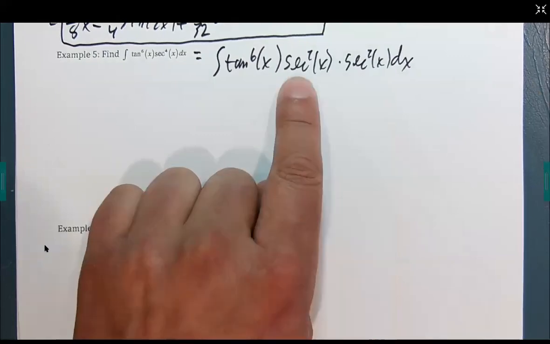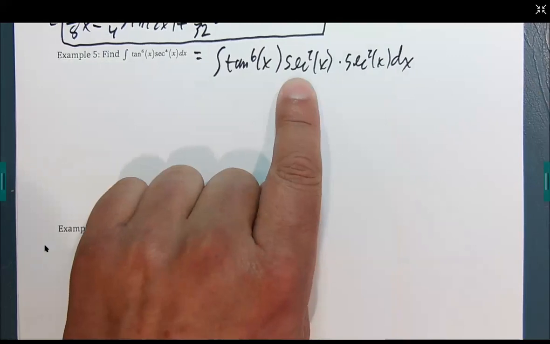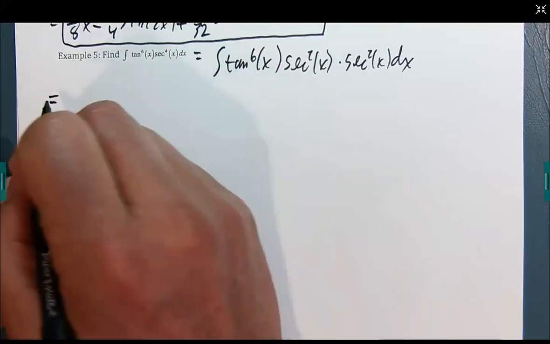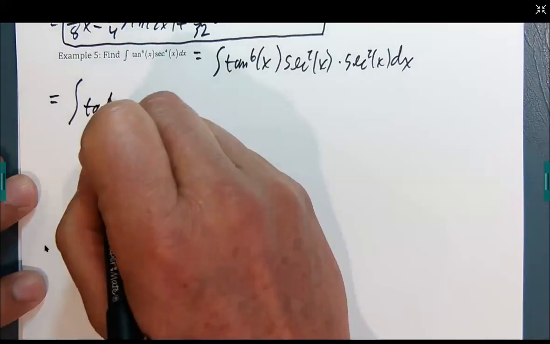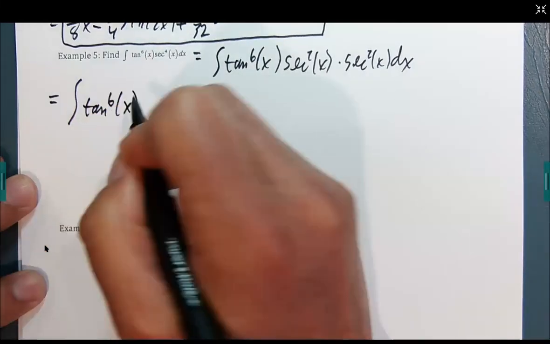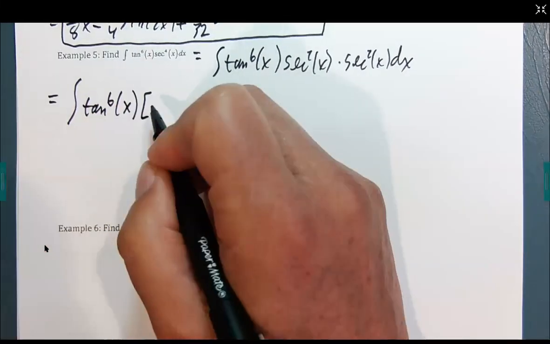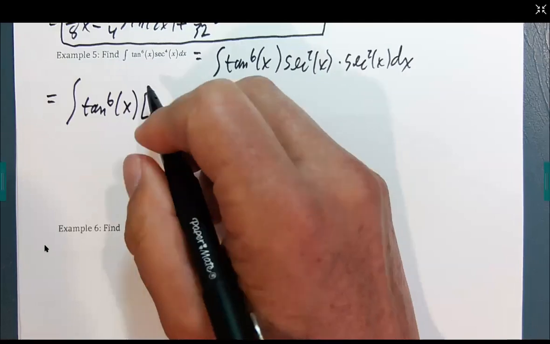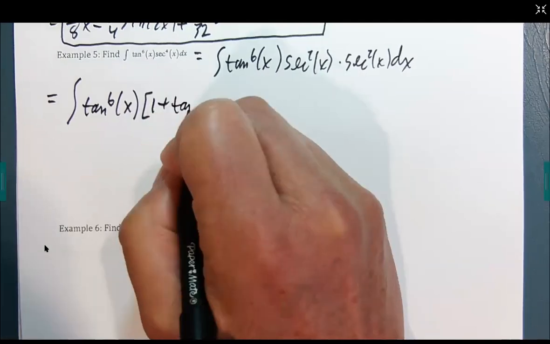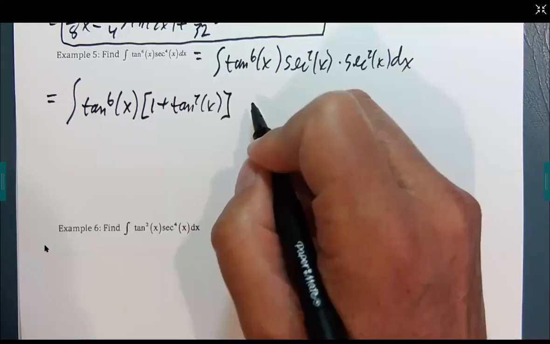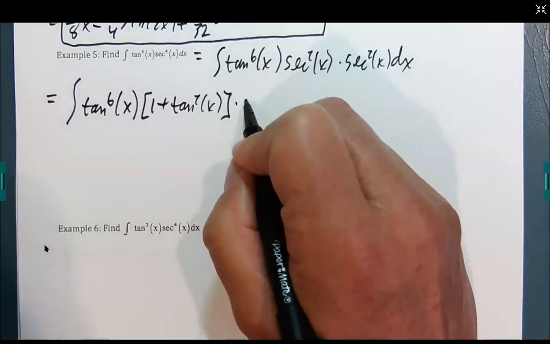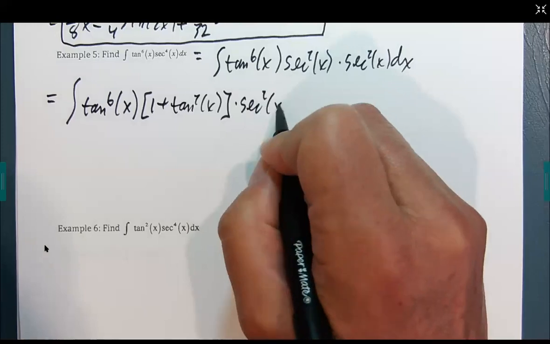Now what I want to do is I'm going to use the trig manipulation, and I'm going to rewrite secant squared x as one plus tangent squared x. So you can look back in your Pythagorean piece there, and then here's our times secant squared x dx.